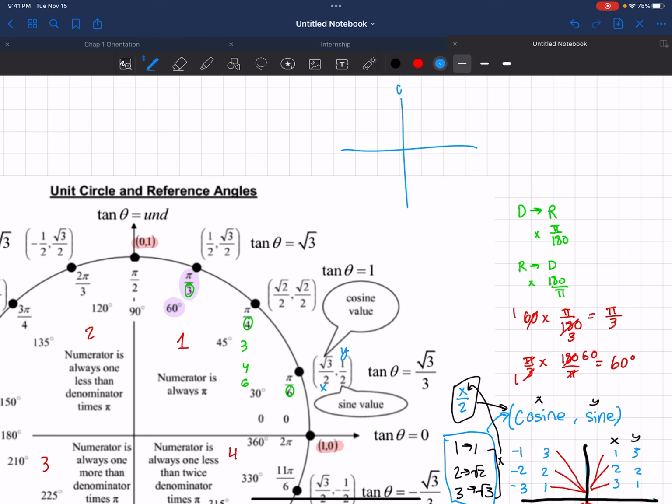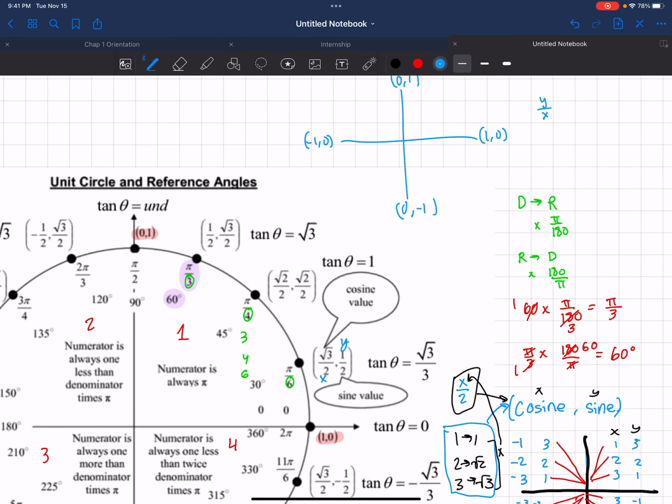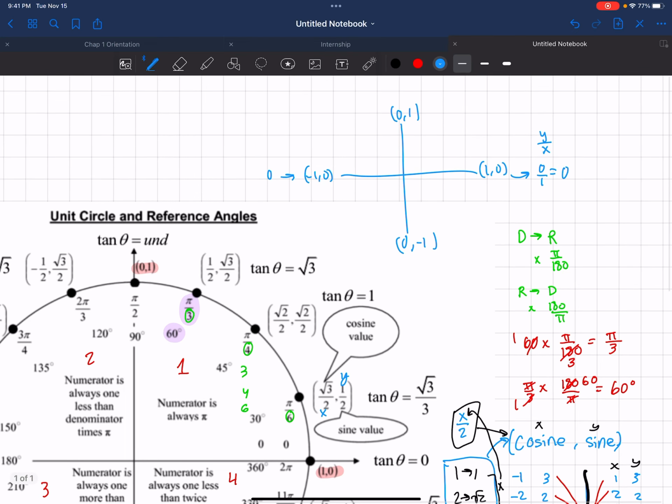And then we have 0, 1, 0, negative 1, 1, 0, and negative 1, 0. With our tangent, you know it's going to be y over x. So for this one, it's going to be 0 over 1, which just gets you 0. So this right here is also going to be 0 for tangent.